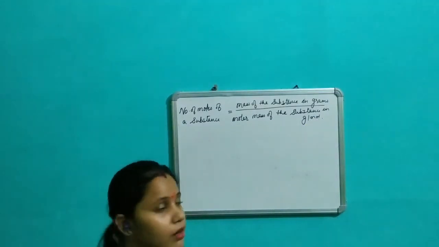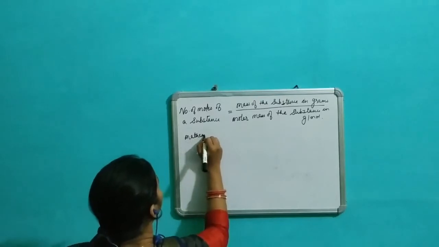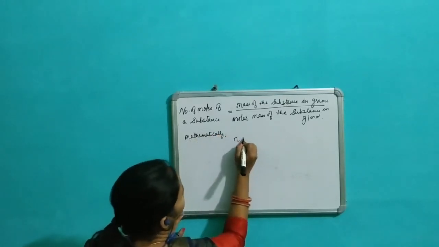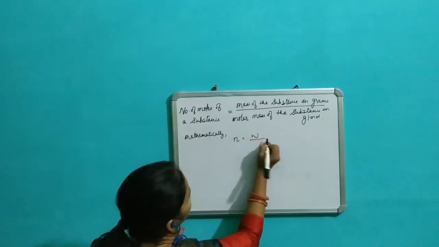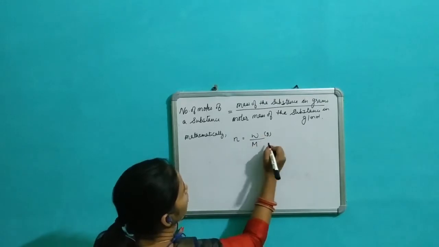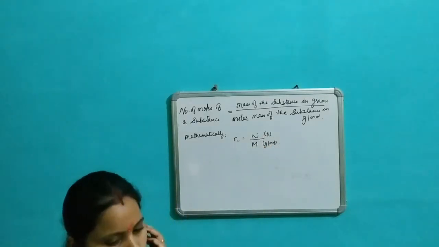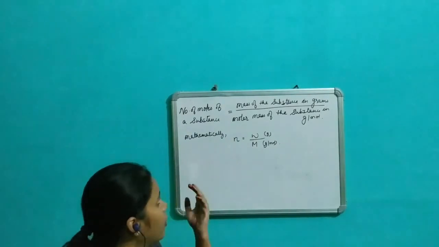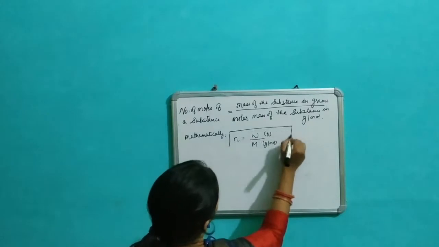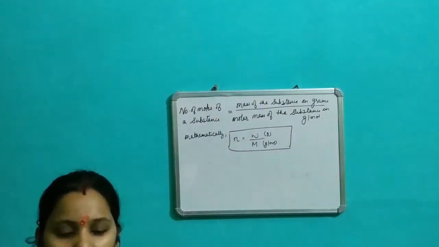If you want to write it down in mathematical form, we write the number of moles is equal to W in grams by the molar mass, that is grams per mole. Okay, so we get the number of moles. This is how we calculate the number of moles.